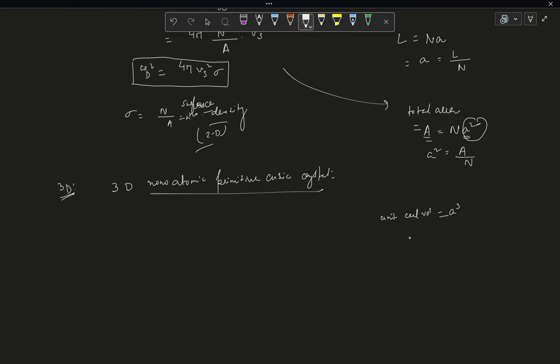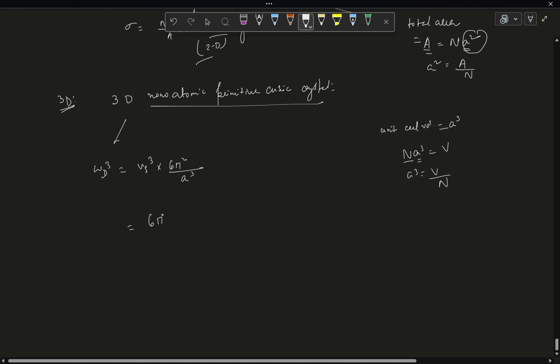For a cubic crystal, N times A cube equals your total volume, number of unit cells into each unit cell volume equals your total volume. So your A cube is just V by N. So for this 3D case, your omega d, Debye frequency cubed, will be like Vs cube into 6 pi squared by A cube.